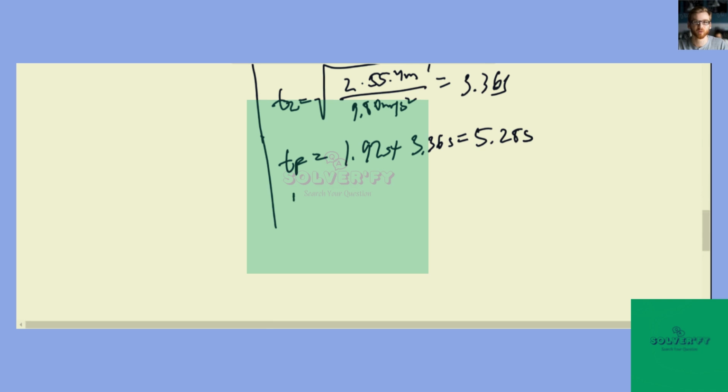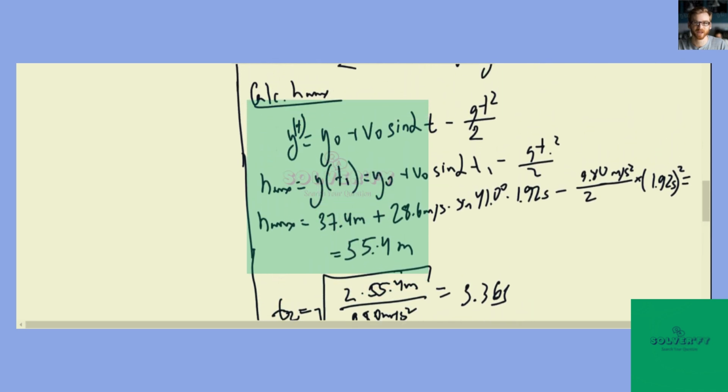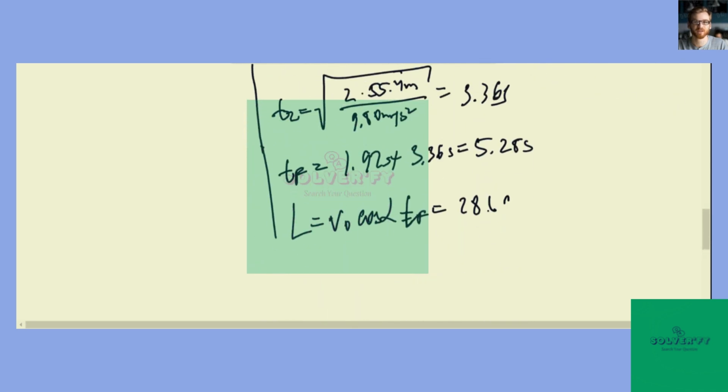Then the total range equals the horizontal velocity times the time of the flight. So it's v0 times cosine alpha times the time of the flight, or 28.6 meters per second times cosine of 41 degrees times 5.28 seconds.